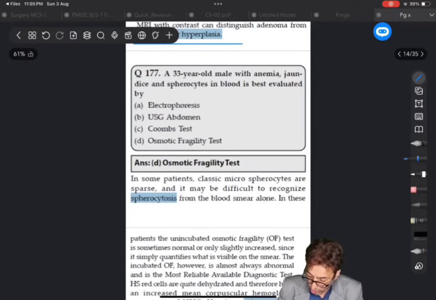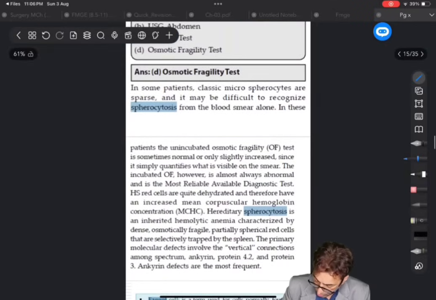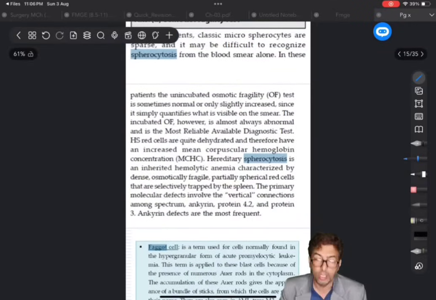Now, another question given was about a male with anemia, jaundice, and spherocytosis. The osmotic fragility test was mentioned over here, and in addition to that, the question had a hereditary trend.